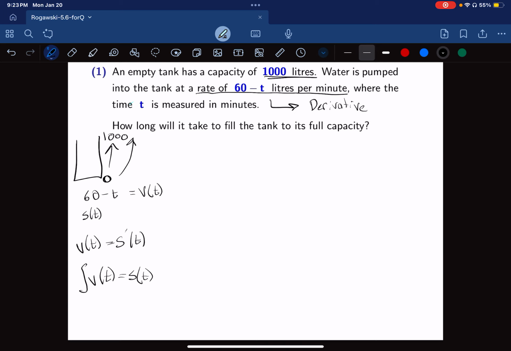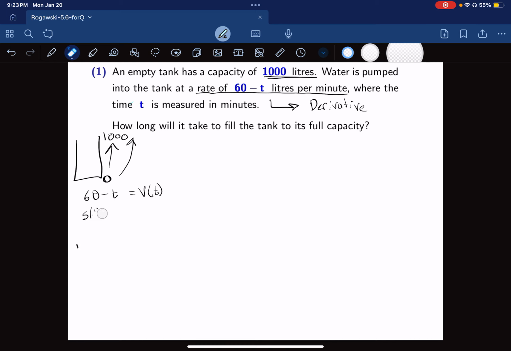So what we're going to do is we're simply going to take the integral of the velocity formula, which in this case is 60 minus t. Now, this is a very simple integral, but I will still compute it for all of you guys. So, let's do this. The integral of 60 minus t with respect to t.